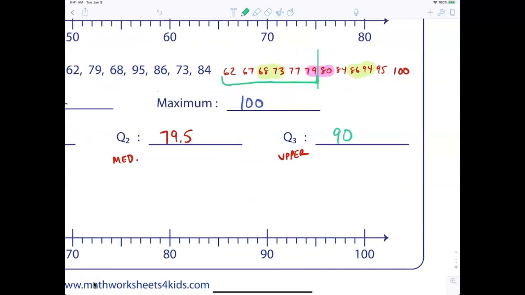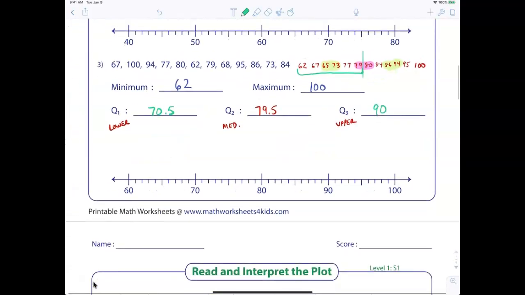I don't think that was that hard. All right, now before we go on to the box and whiskers, I want everybody to write IQR, the interquartile range. So that is simply Q3 minus Q1. Or it's the upper minus the lower.